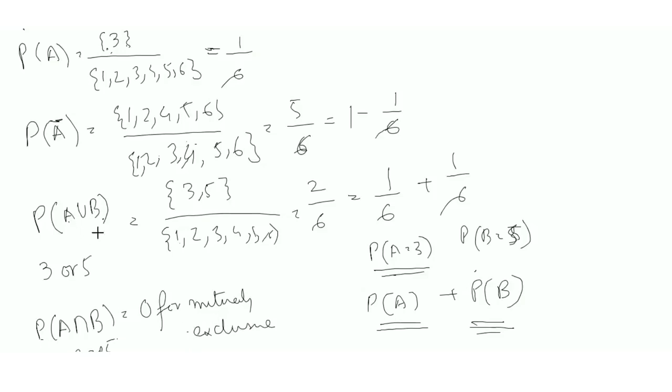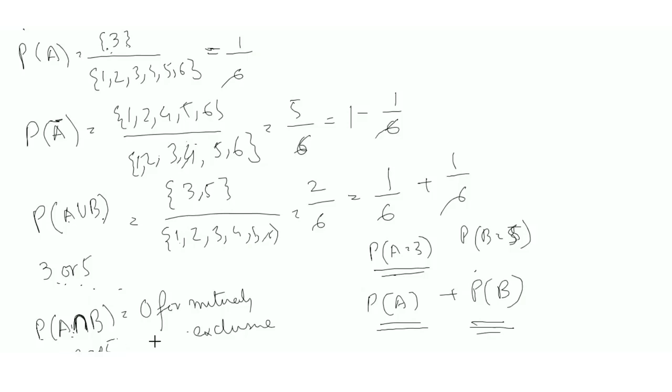So this is A union B, which is 3 or 5. And this is A intersection B, the opposite of union, so just remember this symbol as well. Union is like a U, and this is an inverted U. A intersection B is 0, because what you are saying by intersection is 3 and 5, whereas this is 3 or 5.